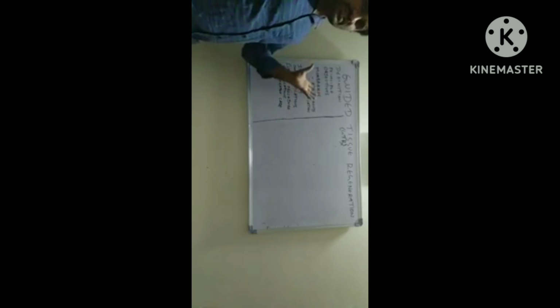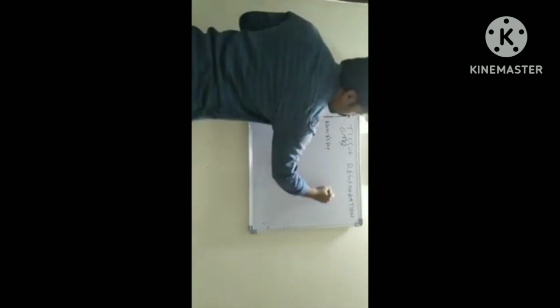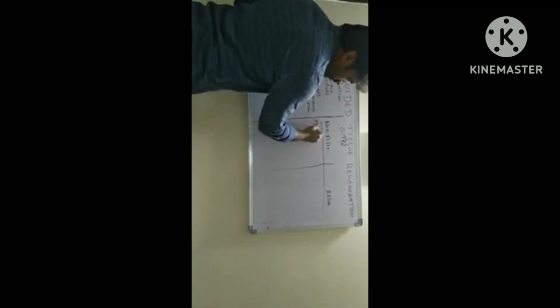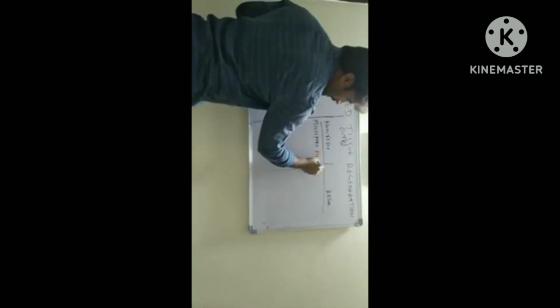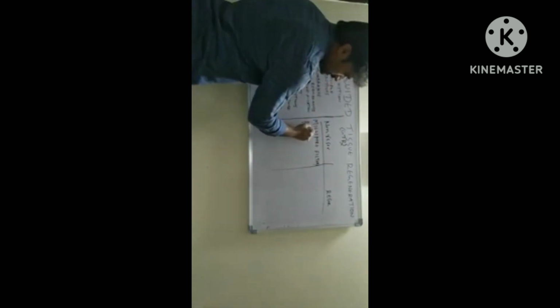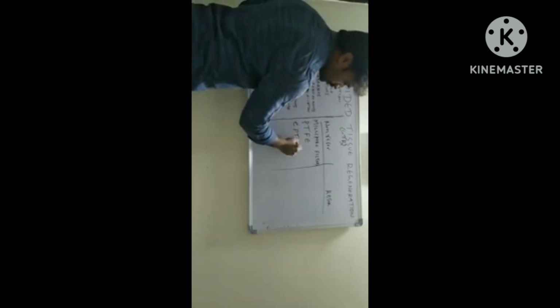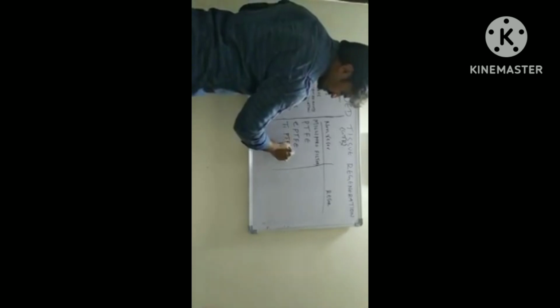Then coming to the classification, GTR membranes are classified as non-resorbable and resorbable membranes. Okay, under non-resorbable we'll have millipore filters and polytetrafluoroethylene, expanded polytetrafluoroethylene, and titanium reinforced polytetrafluoroethylene.